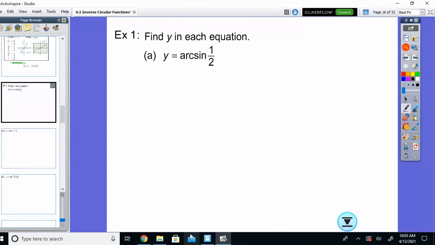When we start the problem that way, we are limited on our quadrants. When I start with arc sine, I know I'm either in quadrant 1 or quadrant 4. Then I look at this argument to decide positive or negative. So it is a positive 1/2. Is sine positive in 1 or in 4?